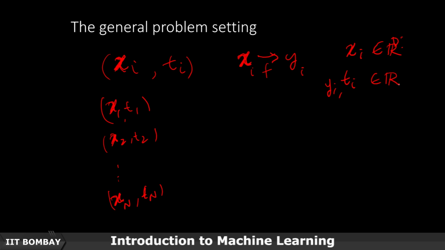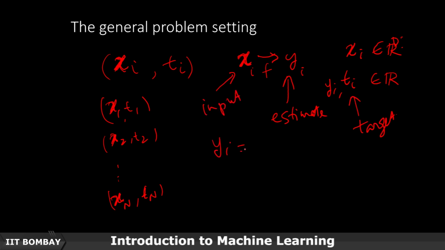So what is a loss function? A loss function is basically a function that we will minimize, and by minimization we will bring this yi close to ti. So what is yi? Yi is your estimate, ti is your target value, and xi is the input. So we will say that yi is equal to f(xi), and we want this to come as close to the target as possible.